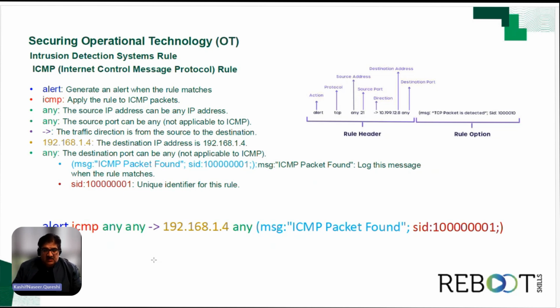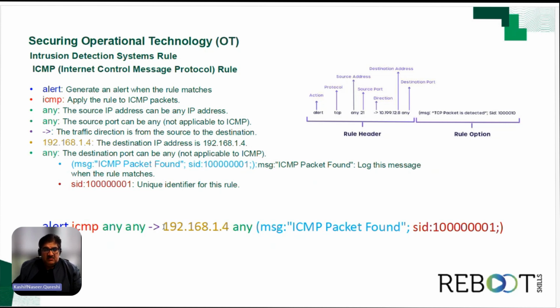And then this one is the directional operator, basically the traffic direction flow. It shows that the traffic direction is from the source to the destination, and it indicates that the rule applies to traffic moving from the source IP address to the destination IP address. And then we have the destination IP address. You can specify the destination address here, or you can just use the simple any term.